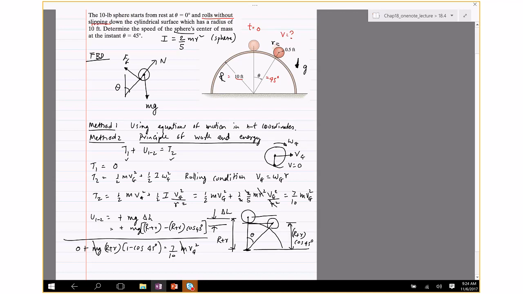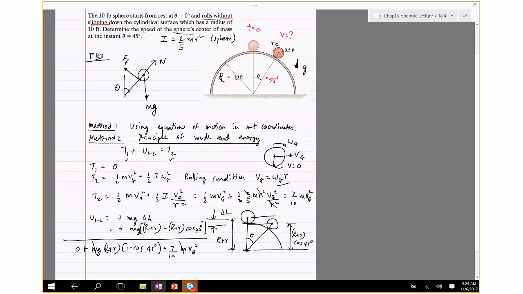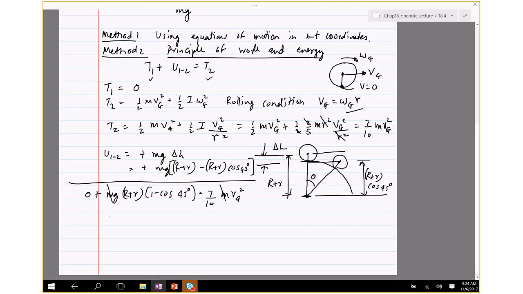Yeah, this is consistent. So capital R is given as 10, small r is 0.5, g is 32.2. So 32.2 times 10 plus 0.5 times 1 minus cosine of 45 degrees equals 7 divided by 10 vg squared. Solving for vg gives me 11.9 feet per second.